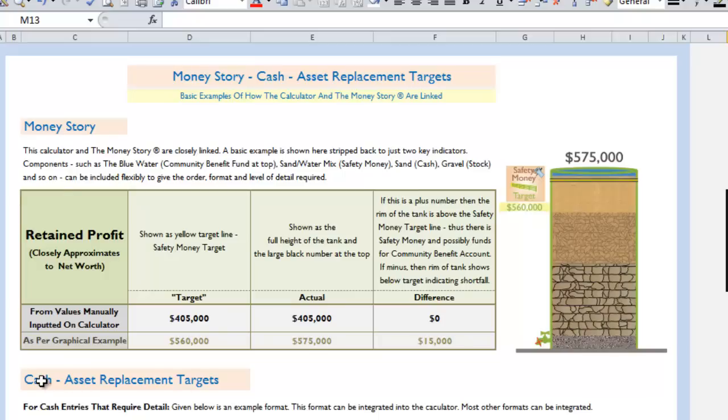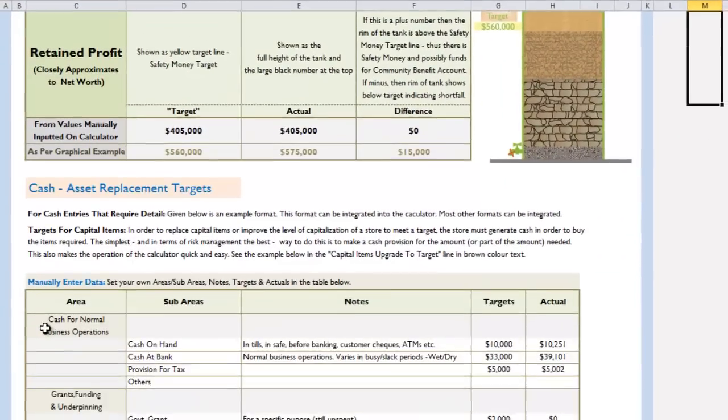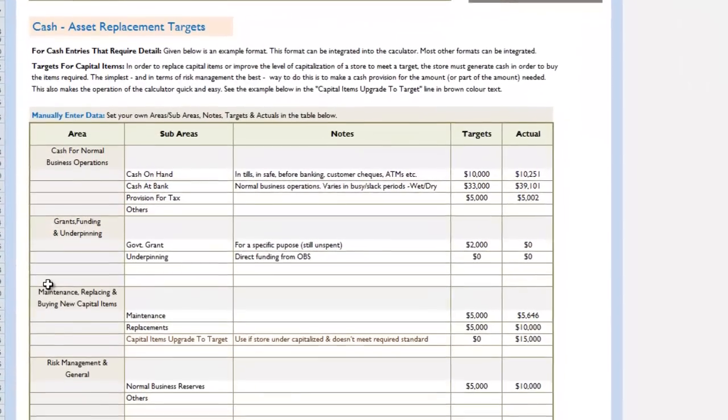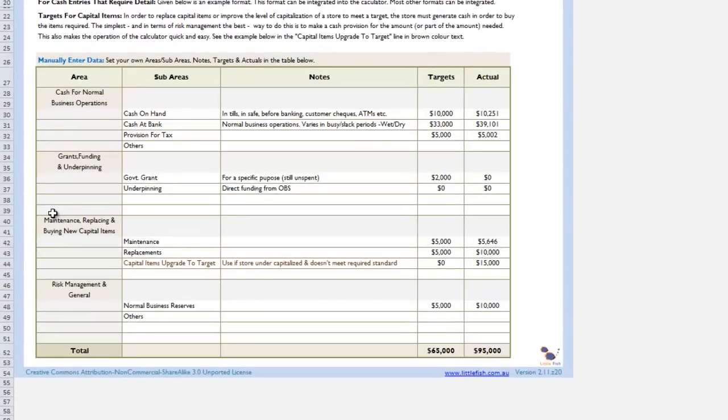Secondly, we've got the cash in more detail. So that's important. If you really want to get your cash right, that's an area that's very worthwhile. Particularly, I draw attention to the fact that when you need new capital items, you've got to pay cash for them. So I would really recommend to make sure that this is done in the cash, that there's a provision made of some sort.